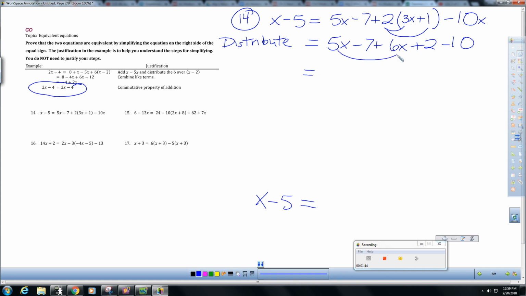Well, now I'm going to combine like terms. So I got two things with an x, so that's going to be 11x. And then you got a negative 7, a negative 10, and a positive 2 is a negative 15. And I'm just going to say combine like terms. Okay?